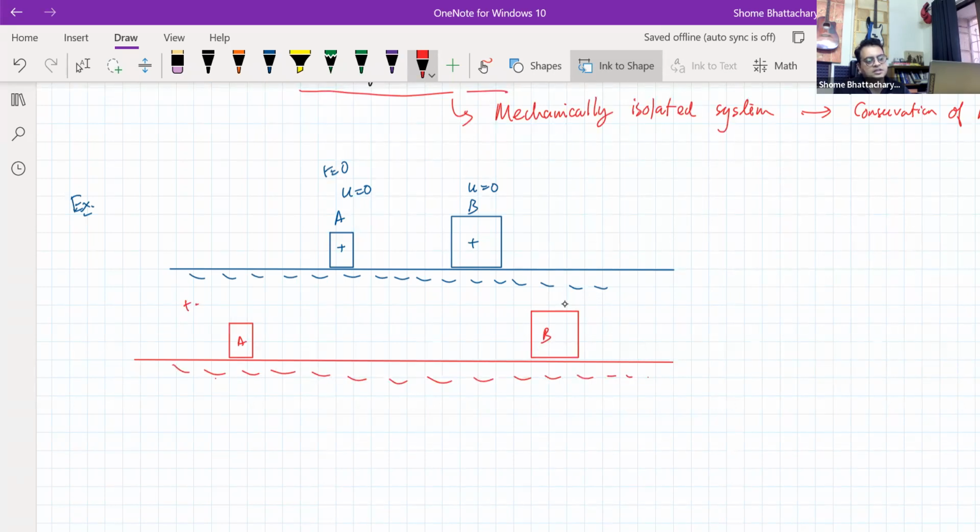So at some time t, A has a velocity of 2 meters per second, and B has a velocity VB.